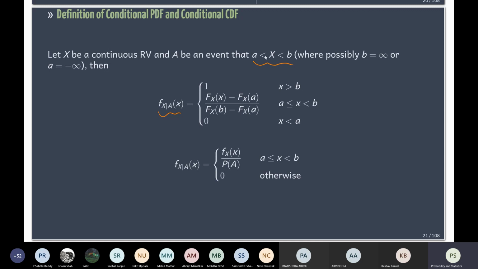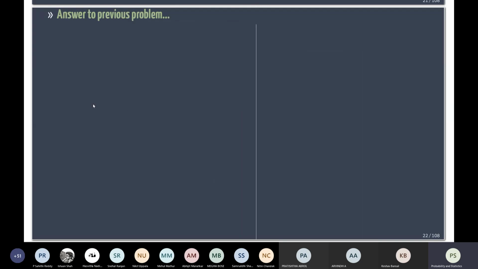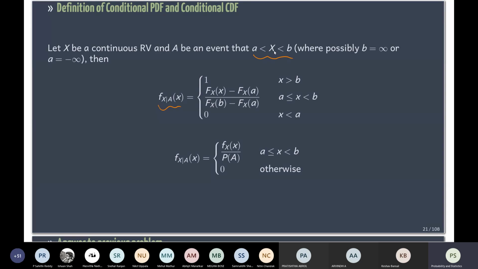So this is the event we are given, and we are putting a conditional on it, right? Let us try to prove this using the definition of the conditional. Let us define an event. Oh, I did not say what A is, right?